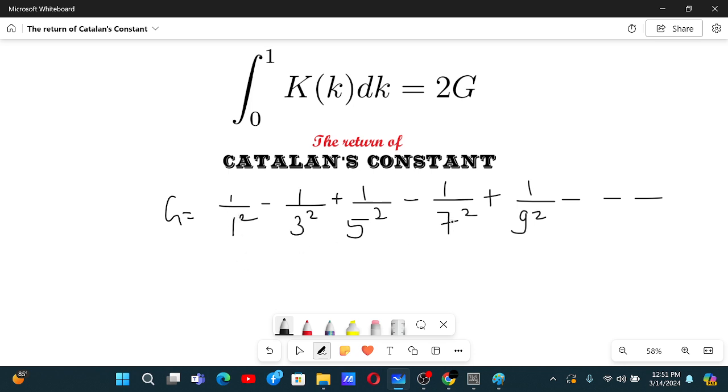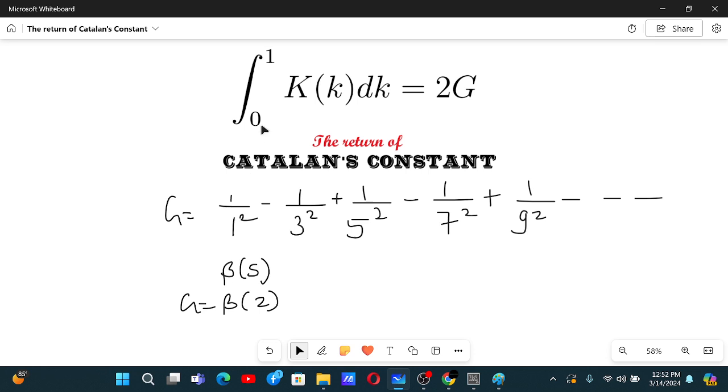This is also a special case of the beta function, where beta function of s is this expression where the power is not 2 but any general number s, and so G is just beta of 2. So let's see how we get such an amazing number in this.